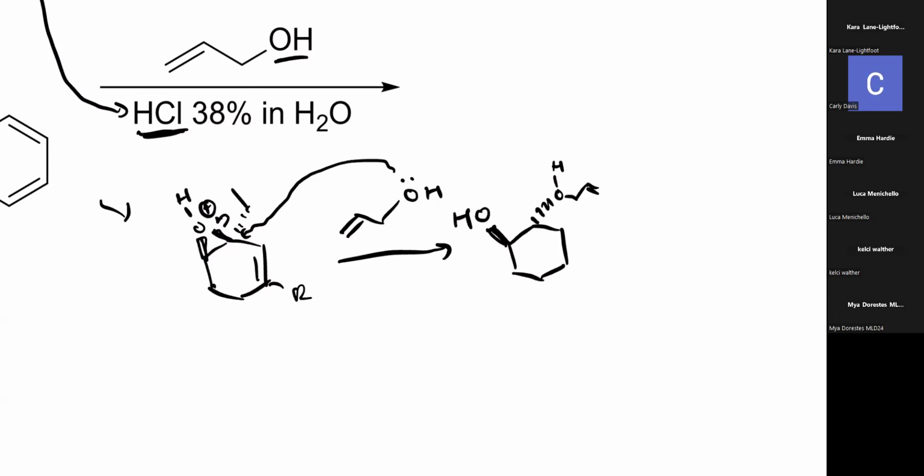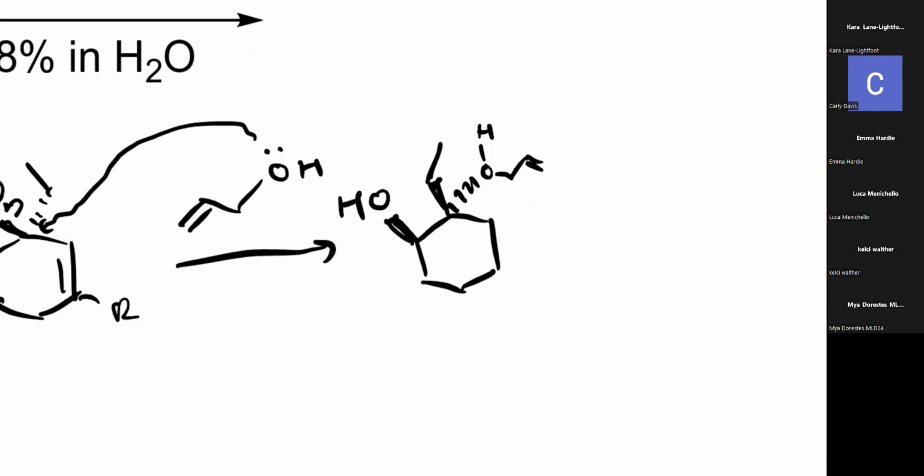So for full credit, you'll have to know that it can't approach the epoxide from the face. The epoxide is coming towards us, it's on wedges, so it has to attack from the backside. And since we never lose that stereochemistry, since we never go to an achiral intermediate, we maintain the stereochemistry.